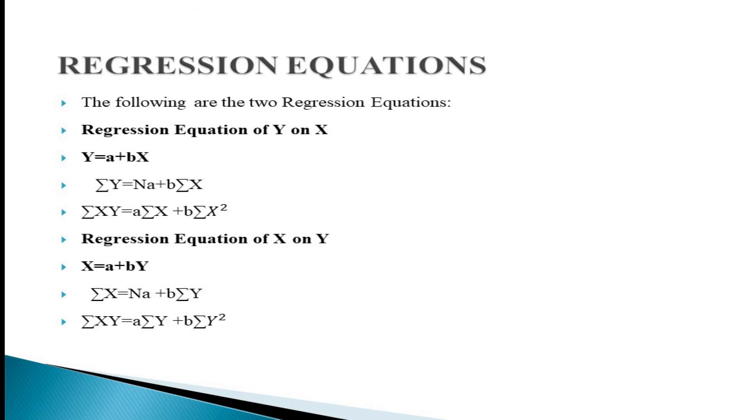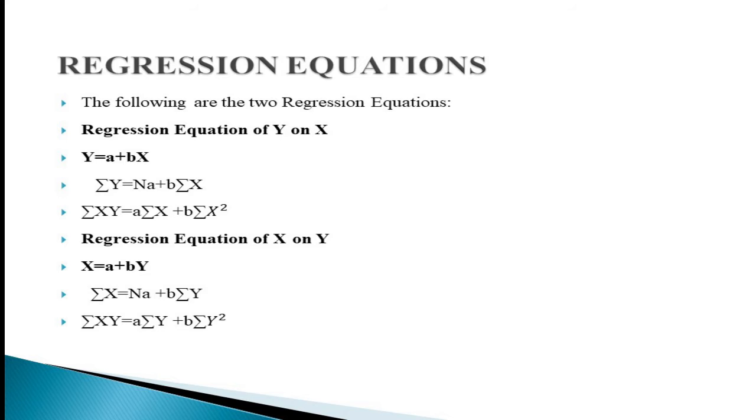Now here you can see two regression equations, and it's very important. First is the regression equation of y on x, and then x on y. So first equation, y on x: y is equal to a plus bx.